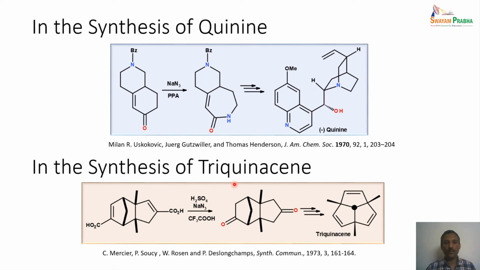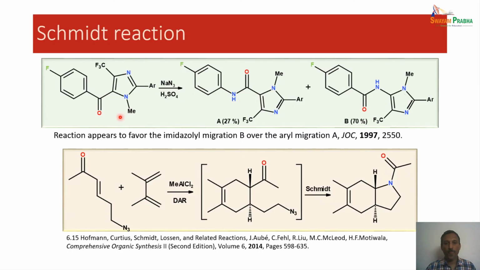And in the case of triquinoxine derivative formation, here again this particular carboxylic acid is converted to the carbonyl derivative, and this on further transformations leads to the triquinoxine derivative. So this is another example of the Schmidt reaction.